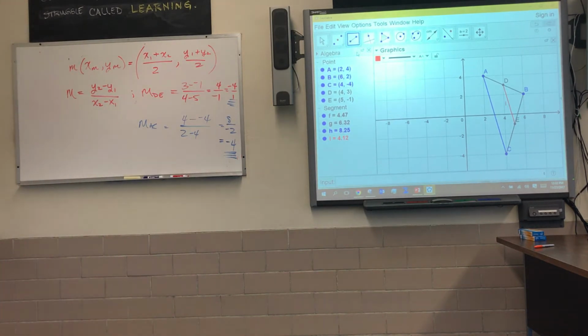What do you notice about those two slopes between DE and AC? They're the same. So what does that tell you then about line segment AC and line segment DE in comparison to one another, if their slopes are the same? They're parallel. Okay?